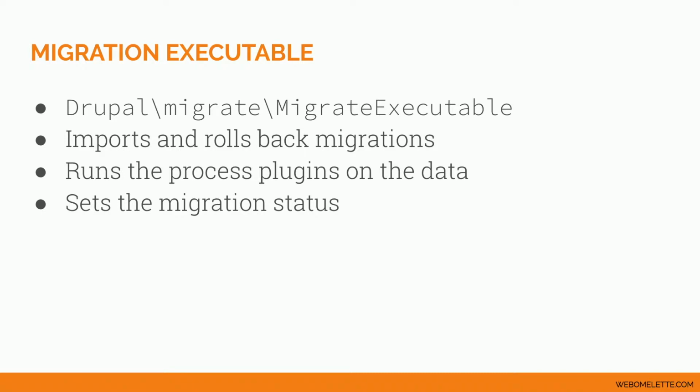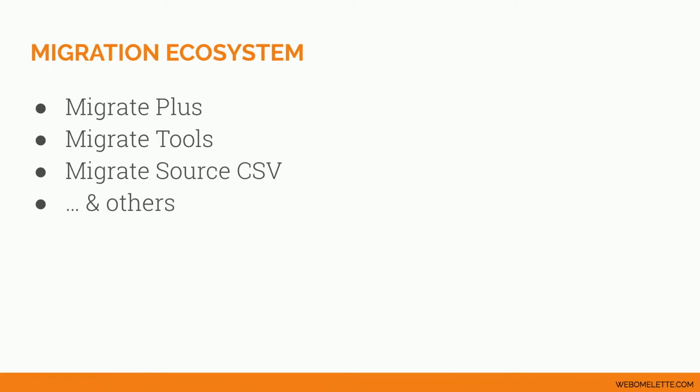Basically the whole thing. Programmatically, you can run migrations using this. You just call it and run it. It's pretty easy. You can make your own Drush commands and do it. But you don't have to because you have Migrate Tools.